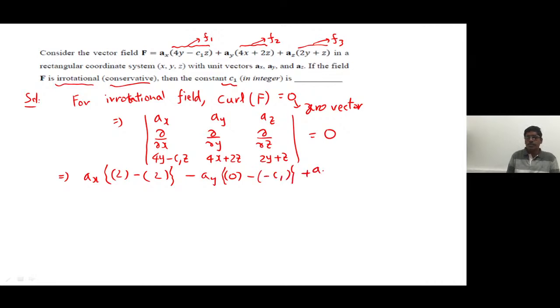Plus az into, deleting third column first row, dou by dou x of 4x plus 2z is 4, minus dou by dou y of 4y minus c1z, that is also 4, equal to 0 ax plus 0 ay plus 0 az. So this is 0, this is 0, and directly it gives c1 equal to 0. So this is the answer. The constant c1 is 0. 0 is an integer.